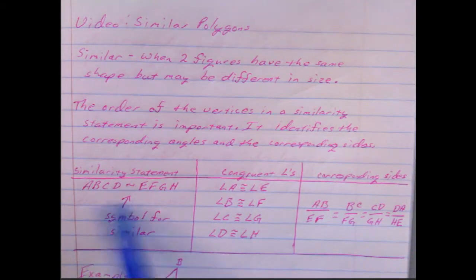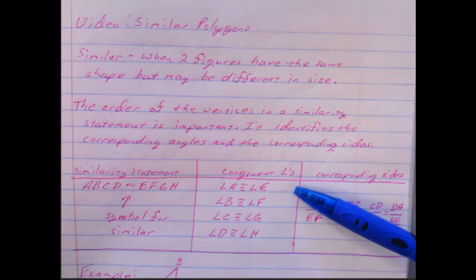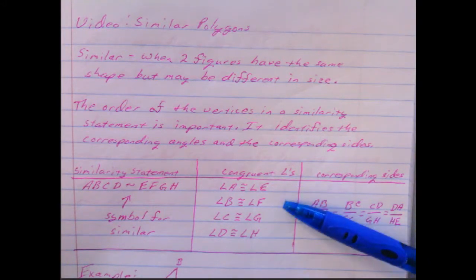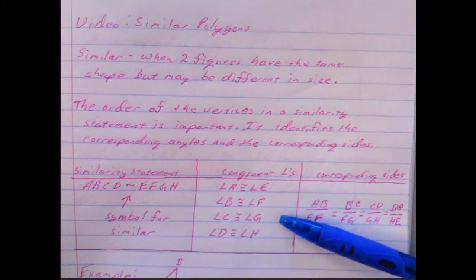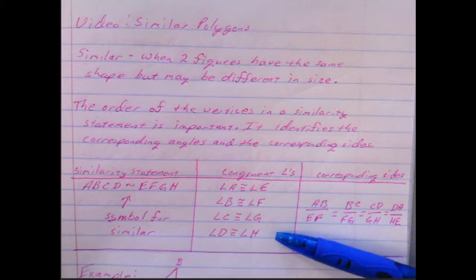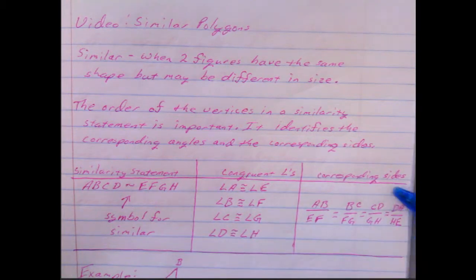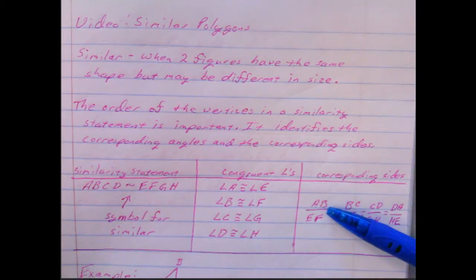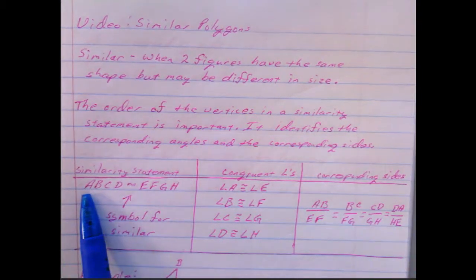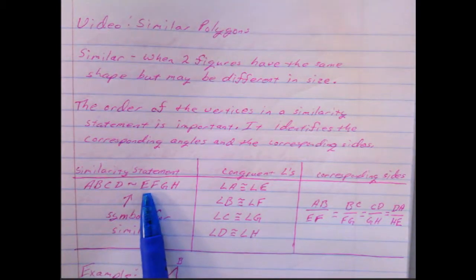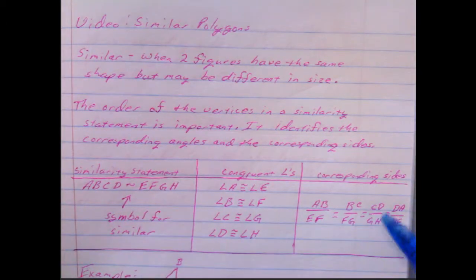Once we have that, we can give all of the congruent angles. So we have A is congruent to E, B is congruent to F, C is congruent to G, and D is congruent to H. Then when we go to the sides, we're looking at a ratio. The ratio of segment AB to EF, those are the corresponding sides, should be the same as the ratio for all of the other sides.